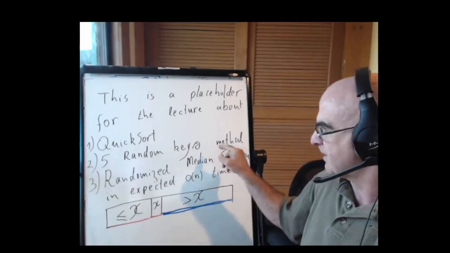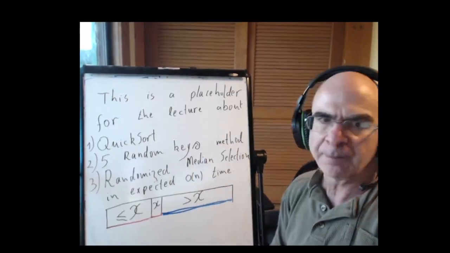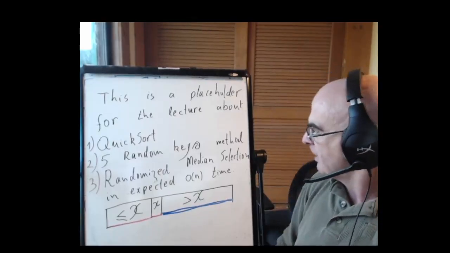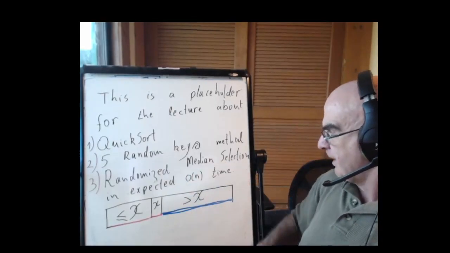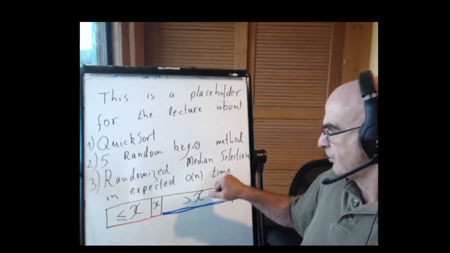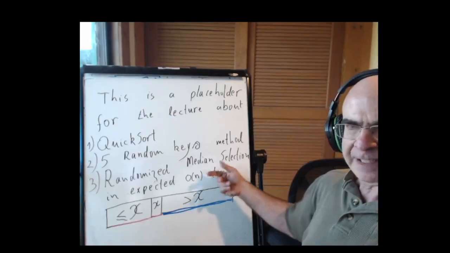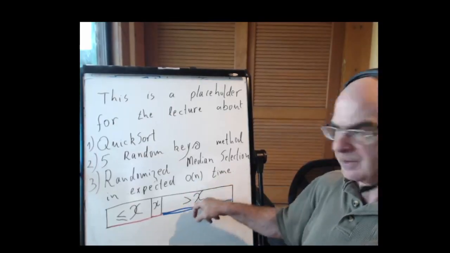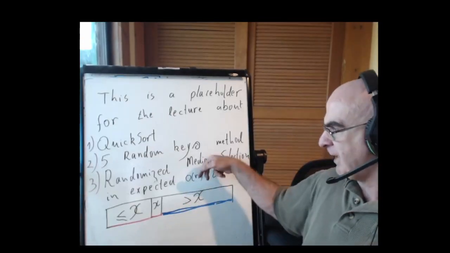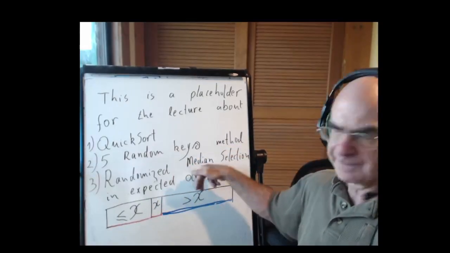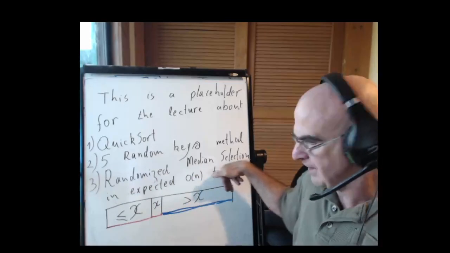However, do understand the analysis of the probability of picking a good pivot in this video. Finally, study from this video the method of randomized median selection, or the randomized k-th largest element in the array. I want to pick an element which is larger than, say, half of the keys in the array.